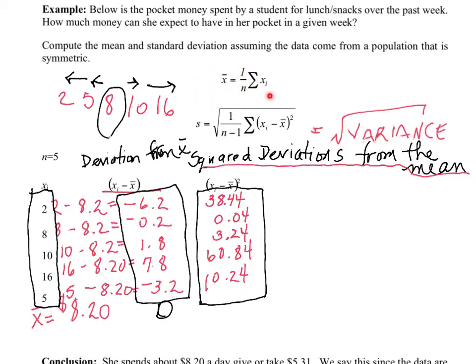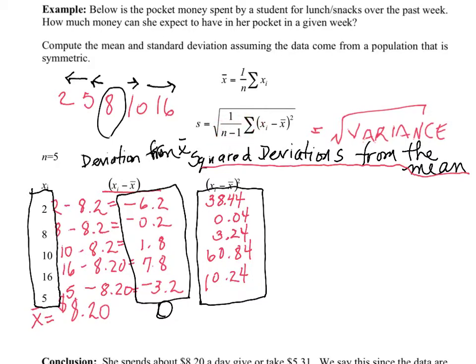There were n values of randomness, so we divide by n to give a representation of the average. Here in the standard deviation, there are n values of randomness, but because this value is an estimate in our calculation, we lose what's called a degree of freedom. So we go from n degrees of freedom to n minus 1 degrees of freedom. That's why we're dividing by n minus 1.